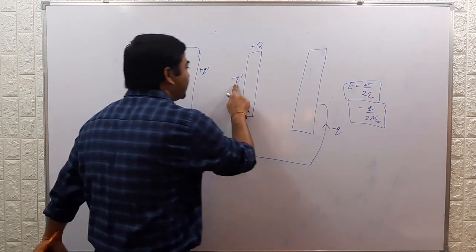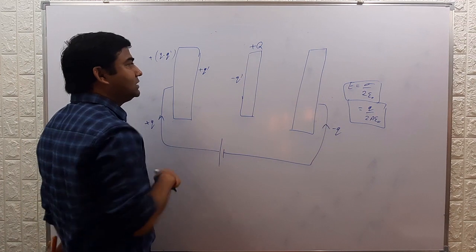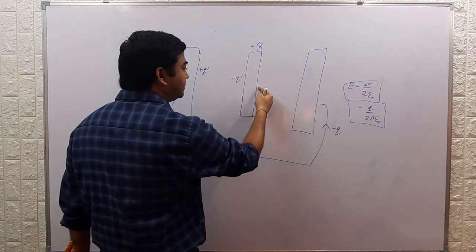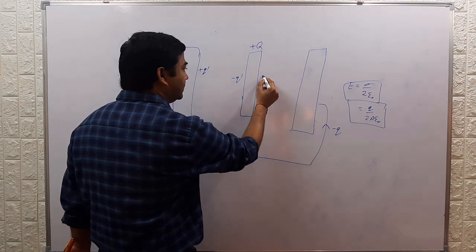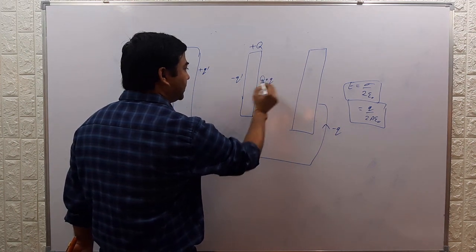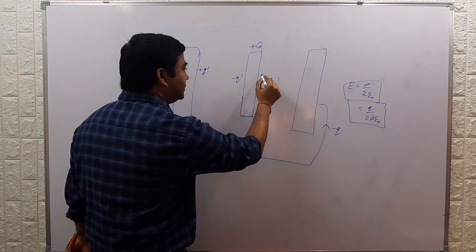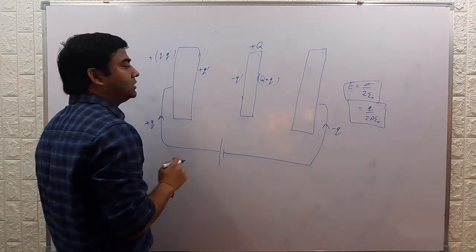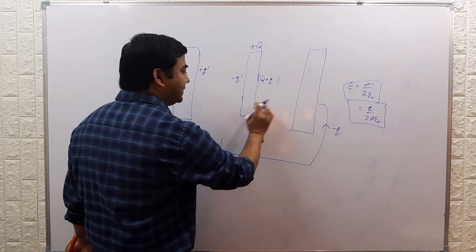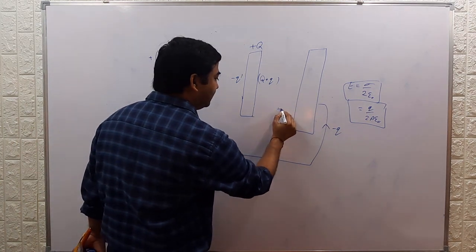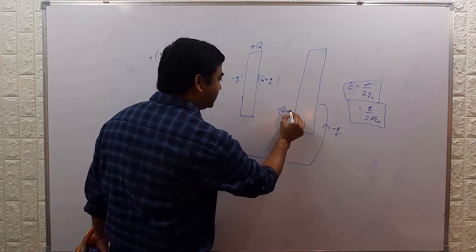And this is minus Q charge, and total charge on this plate is plus Q. Hence by charge conservation, this part of the plate will have Q plus Q dash charge. This is plus Q charge, small q charge will appear at this surface. So this and this are facing surfaces, so this surface will have minus Q plus Q dash charge.